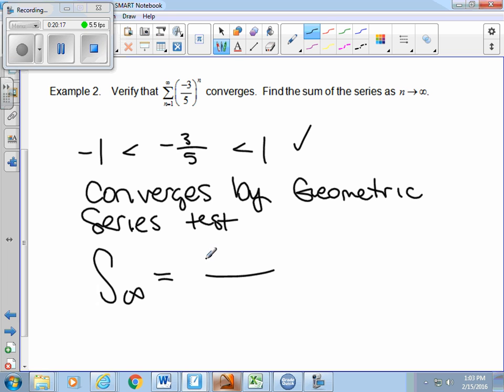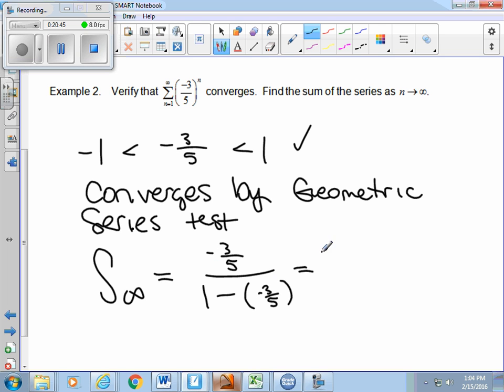-3/5. Does everyone agree? How'd you find that? Plug in 1 for n. Then we need r, which is also -3/5. Those are not always the same thing. If there were a number in front here, that would change the first term.